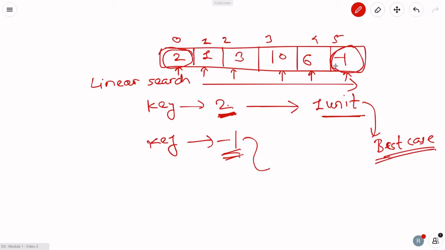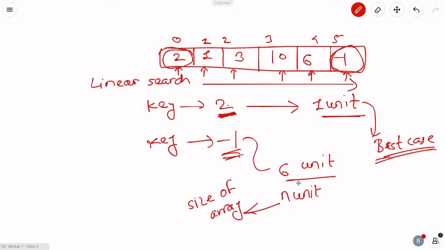I will write here 6 units, or in general n units, where n is the size of the array. And this is what we call the worst case.